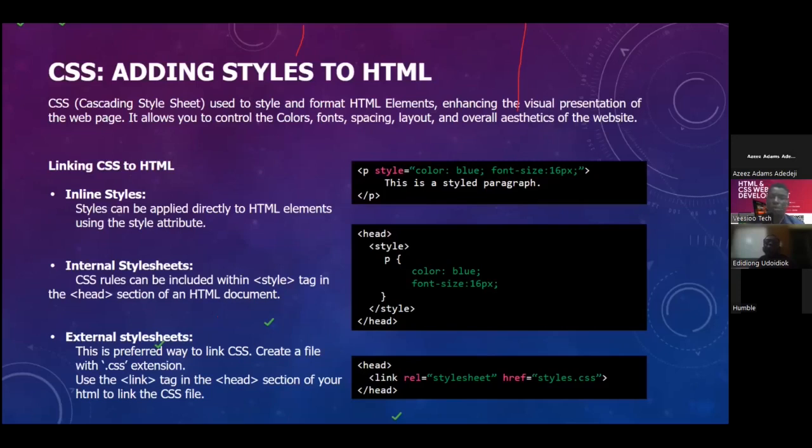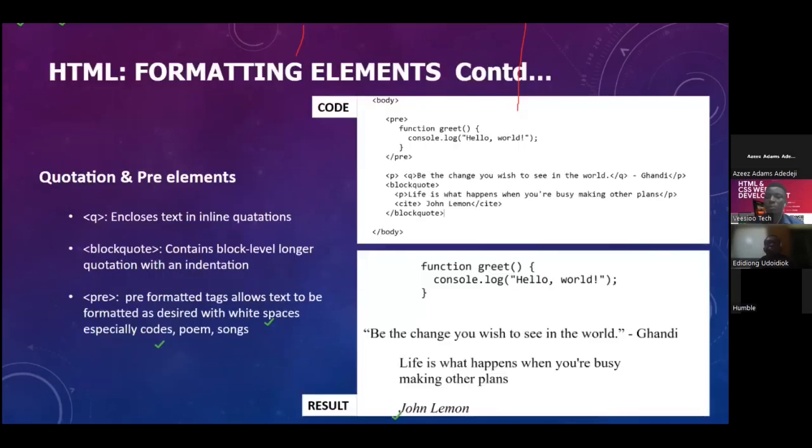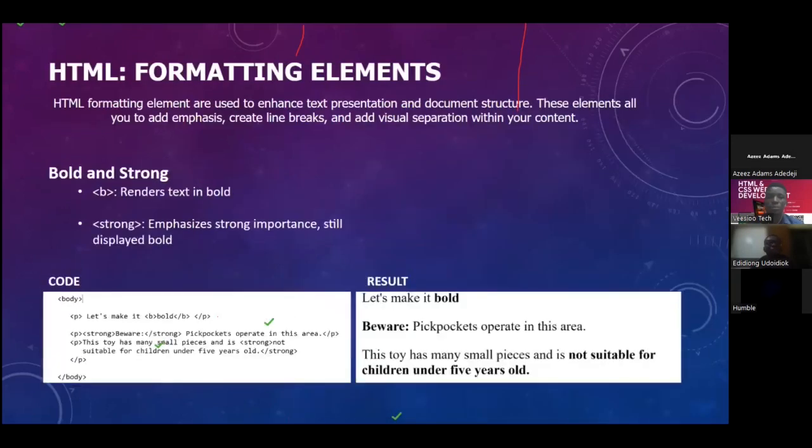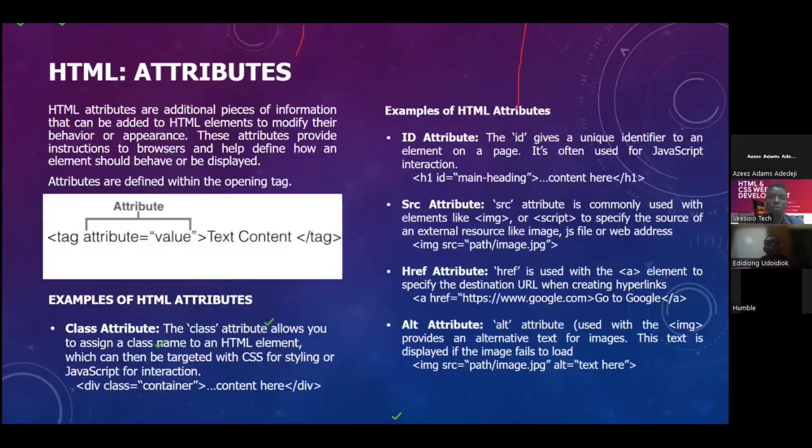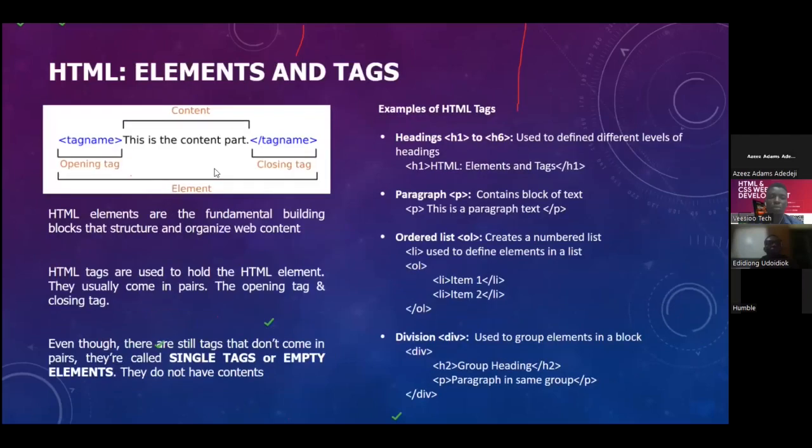All right. So your first question, you were talking about empty elements. Okay. I made mention of them, and I said they are elements that do not have a closing tag. Now, this is the slide I was talking about, the tag and elements. If you check this diagram I have here, you have the tag name, you have the opening tag, you have the content, and you have a closing tag.